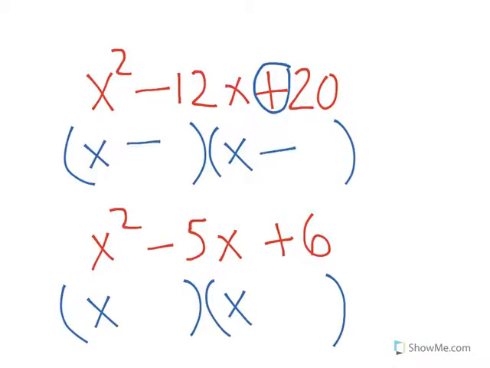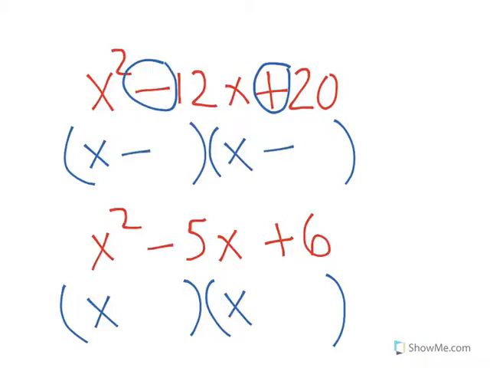Because if they're a minus and a minus, then when I multiply them together, I'm going to end up with that positive symbol. If they're both pluses, same thing. But the key difference here is I've got this other pesky little part here. That means that they both have to be minuses.